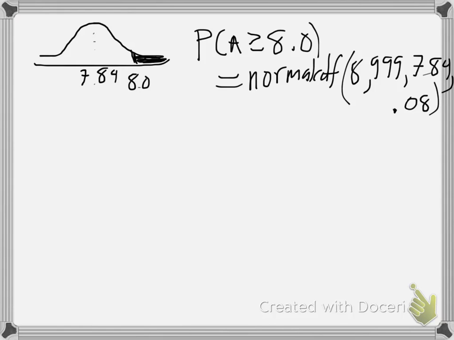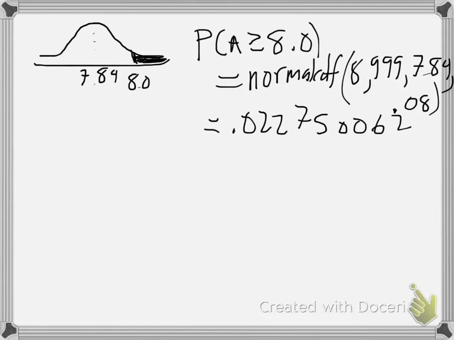If I do this on the calculator, normal CDF 8, comma 99999, 7.84, comma 0.08, I also get what I pretty much got before, 0.022750062. So as you can see, what's nice about the normal CDF function is I get even more accuracy than I would get from the table. Awesome.